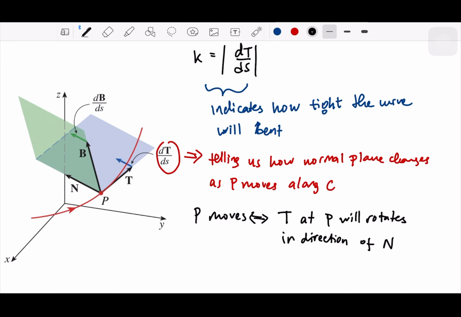So it tends to be that the plane is going to be twisted.